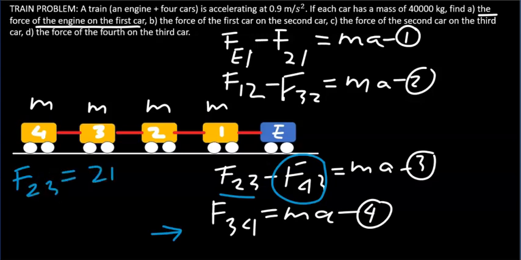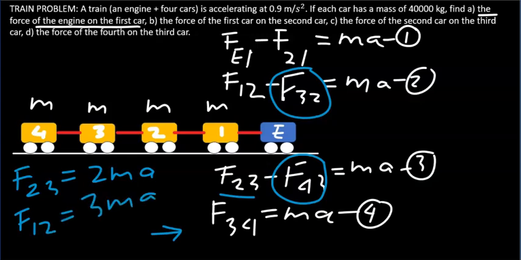F23 is 2ma. Substituting F23 equals 2ma here, you get F12 to be 3ma. And finally, substituting F12 equals 3ma there, you get that Fe1 equals 4ma.